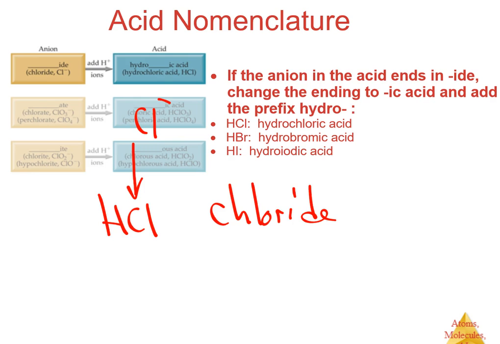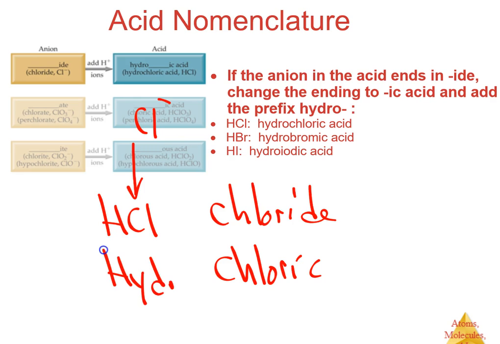All right. So if you just come along and you're like, hey, it's chloride, this is the process. I change "ide" to "ic," and then I add the prefix hydro and the ending, acid. Hydrochloric acid.